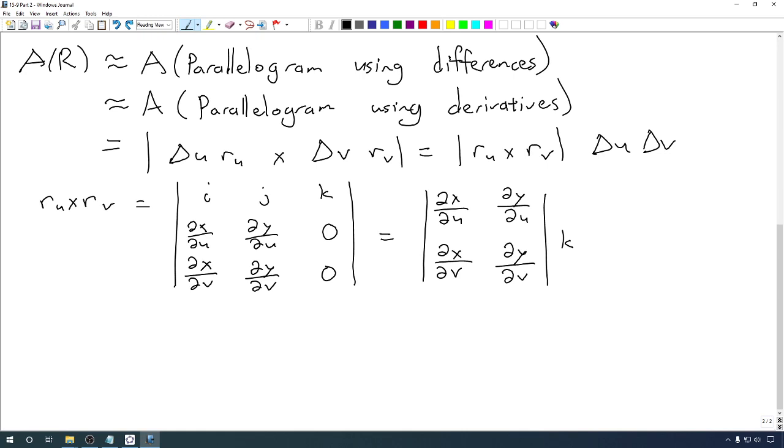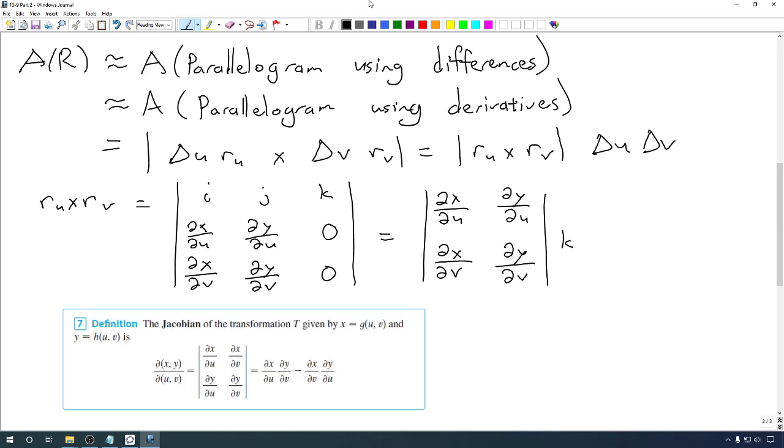So we're going to give this determinant a name. We call this determinant the Jacobian of the transformation, named after mathematician Jacobi. Technically here they've swapped the partial of y with respect to u with the partial of x with respect to v.